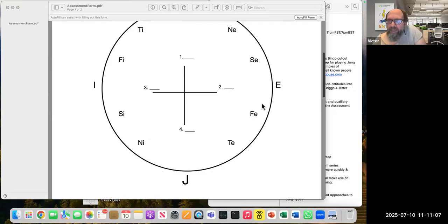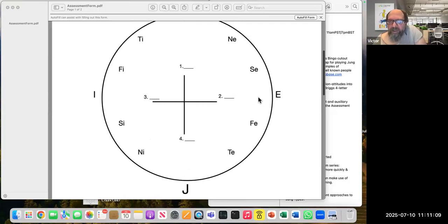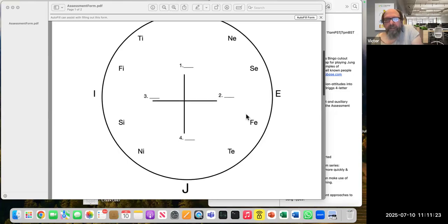What that's showing is, if you take the equator across the middle of this circle, then these lower function attitudes relate to that guide for the judging type.